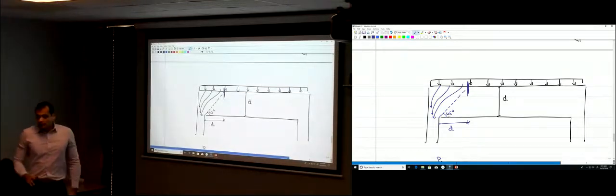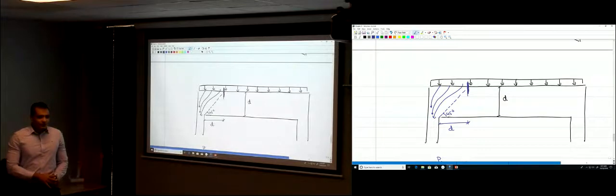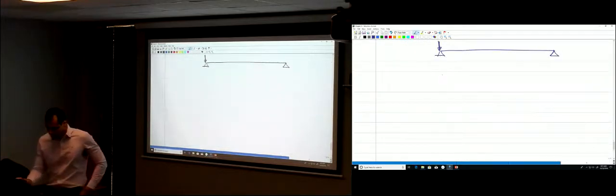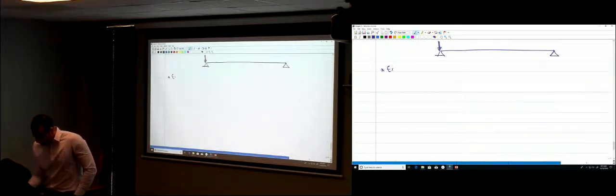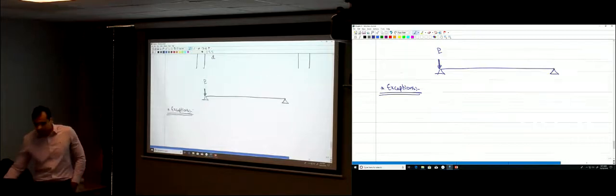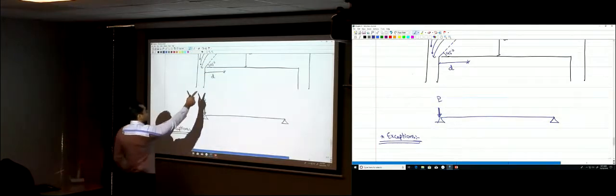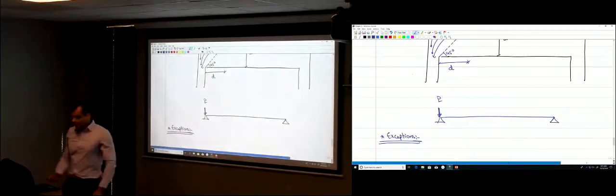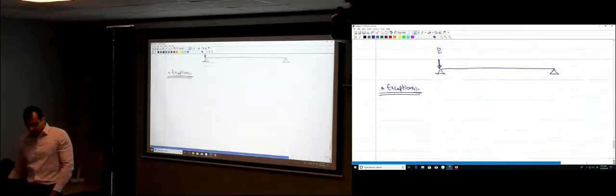But there are exceptions to this allowance. What are those exceptions? Let's see the exceptions here. Now you understand what we did here. You understand this load will just go here right away, right? Let's say your beam looks like this.